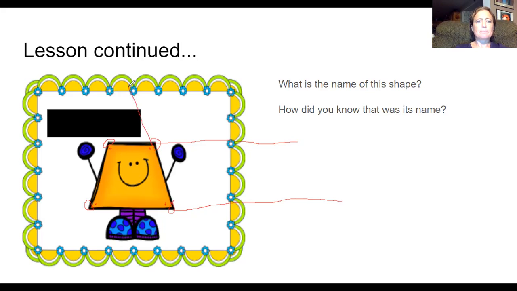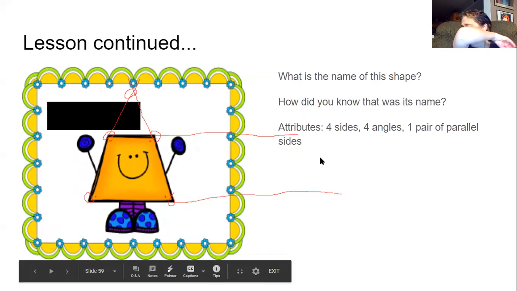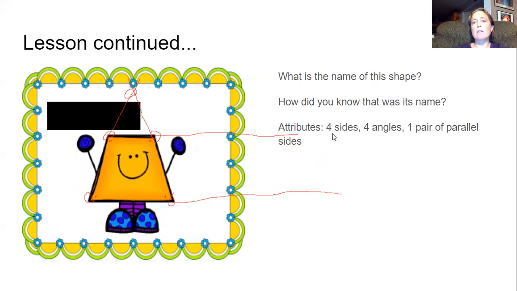But look, this side and this side do cross. So it has 1 pair of parallel sides that will not cross. So its attributes are 4 sides, 4 angles, 1 pair of parallel sides, and it also has 4 vertices.